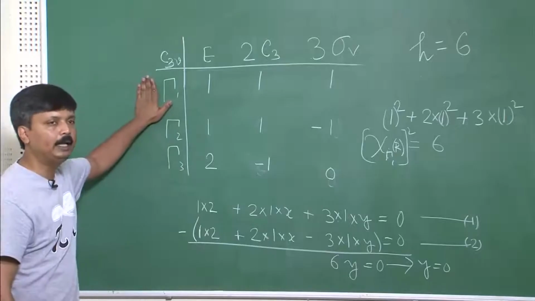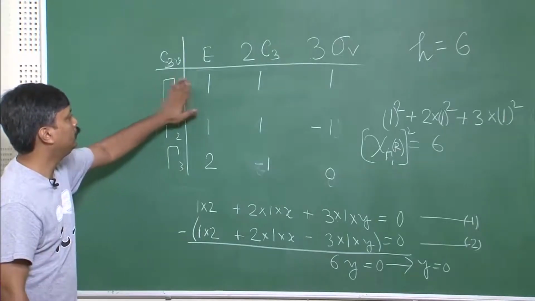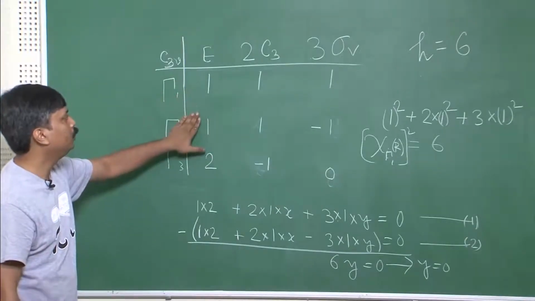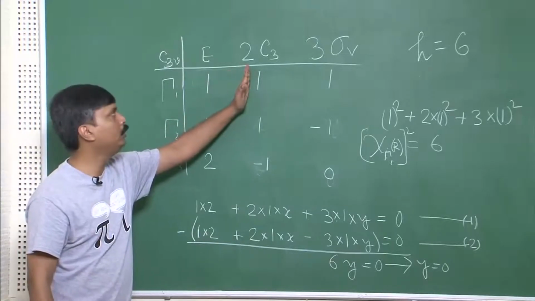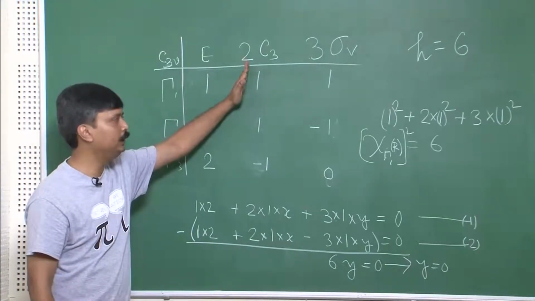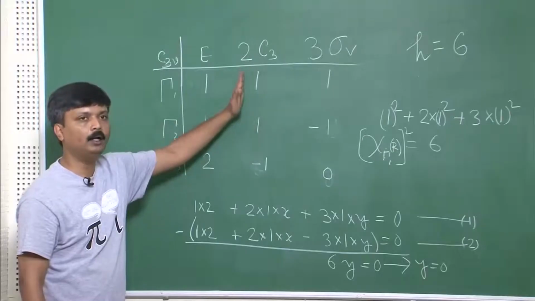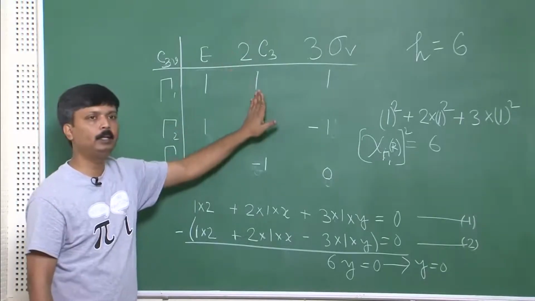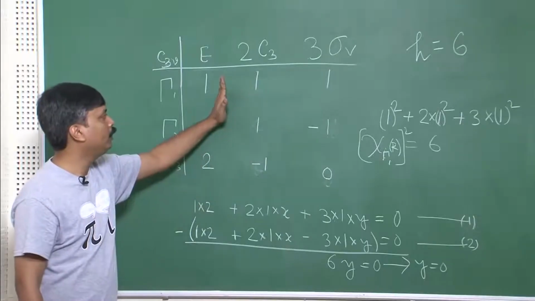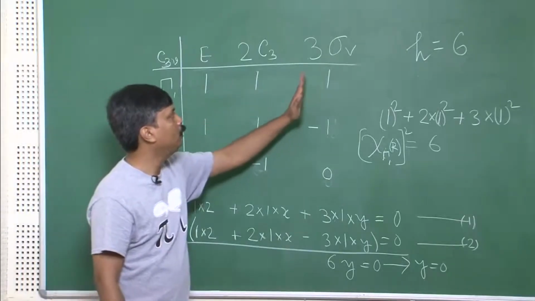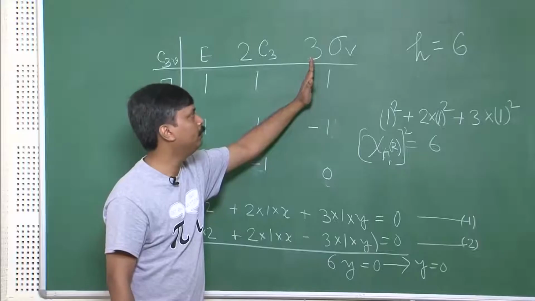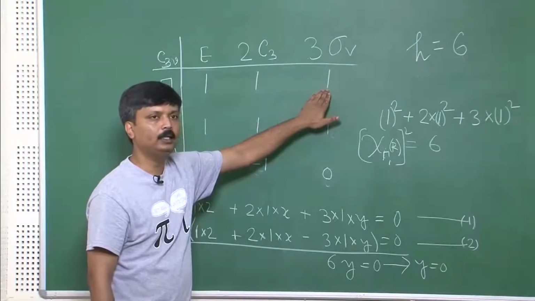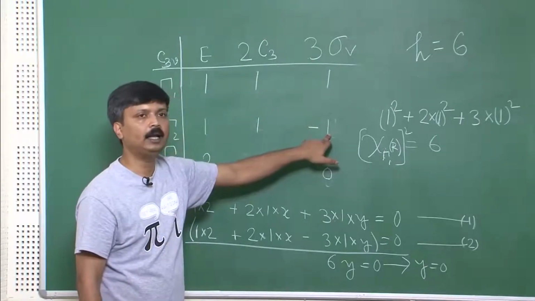Now, if we come to the naming, these two are one dimensional, so either A or B. If I look at the character corresponding to the principal axis of rotation, both of them are symmetric with respect to C3. Therefore, both belong to the A category. So how to differentiate them? If I look at the characters corresponding to sigma v, this one is symmetric while this one is antisymmetric.